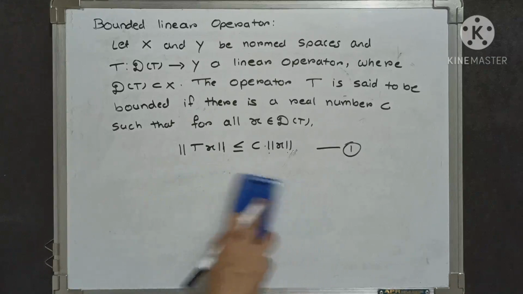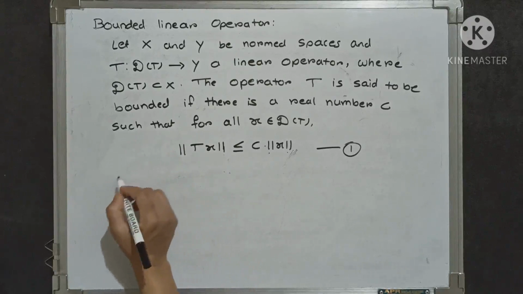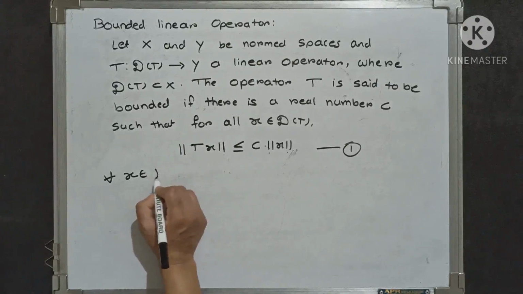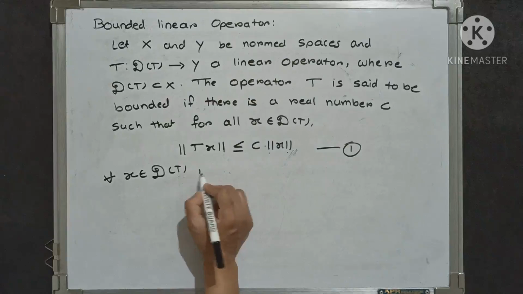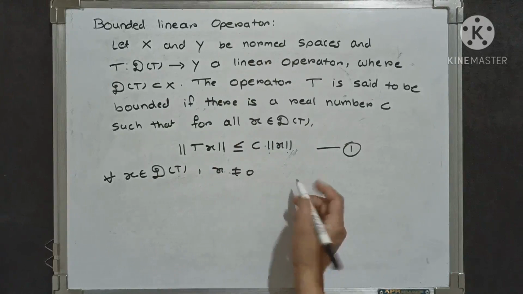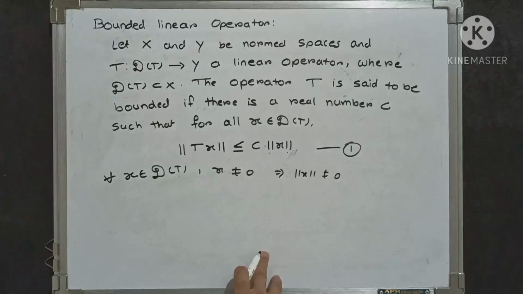Now we find the smallest possible value of C satisfying equation 1. For this, we take all x belongs to D(T) with x not equal to 0. When x is not equal to 0, this implies that norm of x is also not equal to 0.